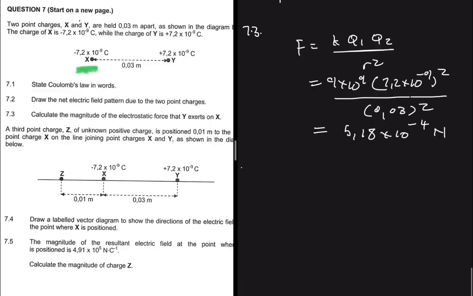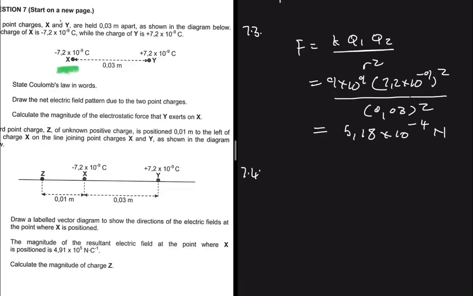7.4, let's draw a labeled vector diagram to show the directions of the electric fields at the point where X is positioned.